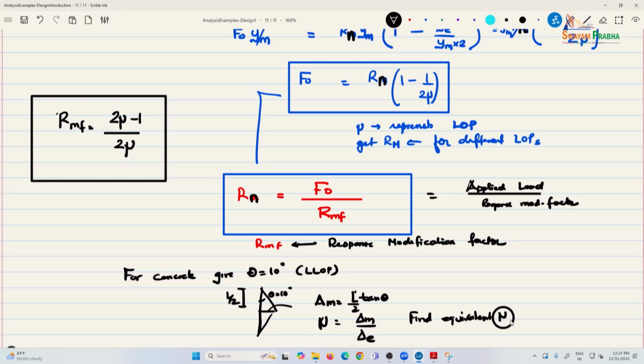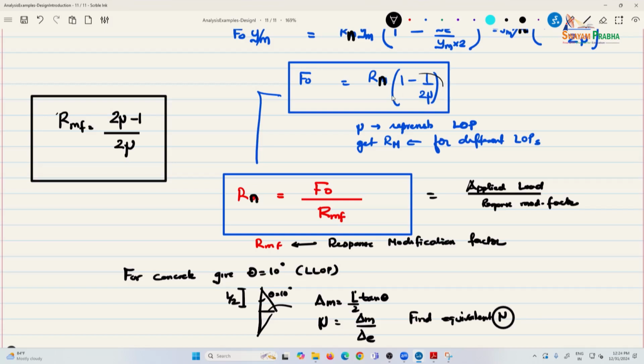If both are given, in this case you have to choose the lower one. The lesser the value, the greater the factor, so you choose the lower of the two. Once you choose the lower of the two, this factor 1 minus 1 over 2 mu is the lower value.